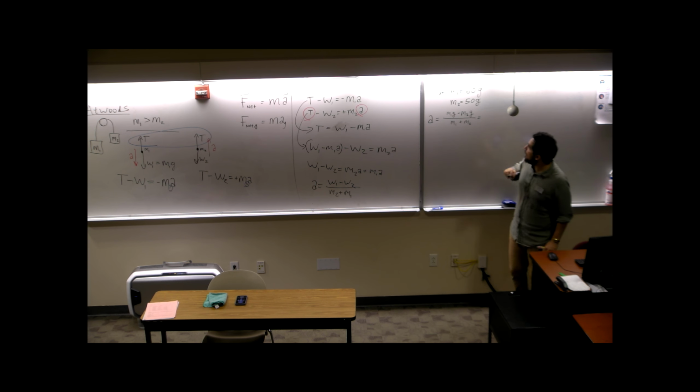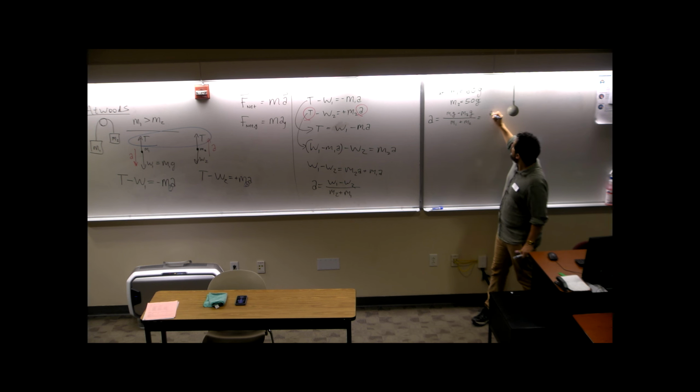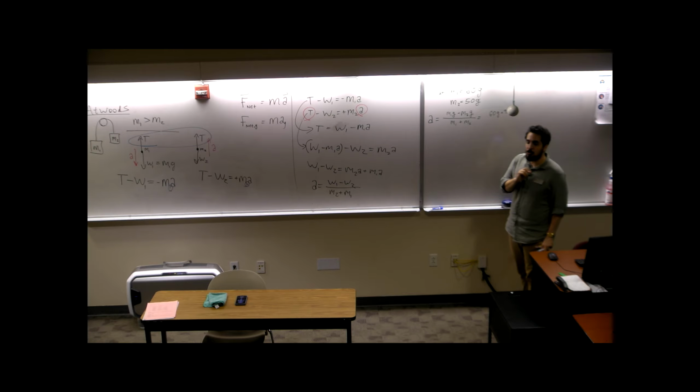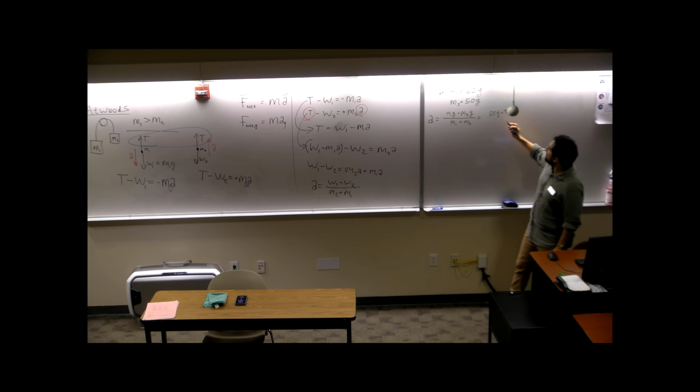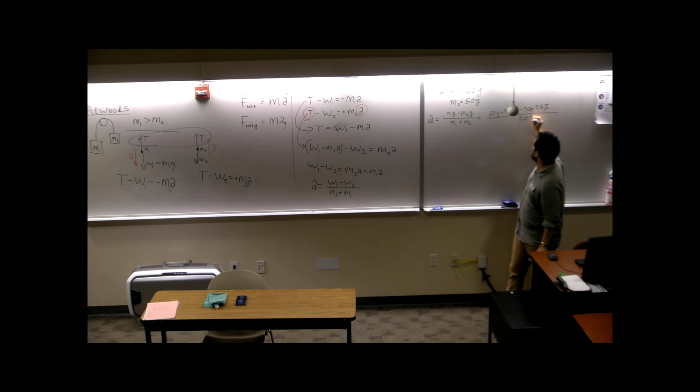Well, plugging values in, we have 60 grams times 9.8, and I'm not going to bother doing a unit conversion. I'll show you why in a second. 60 grams times 9.8 minus 50 grams times 9.8, and we divide that by m1 plus m2, which is 110 grams.